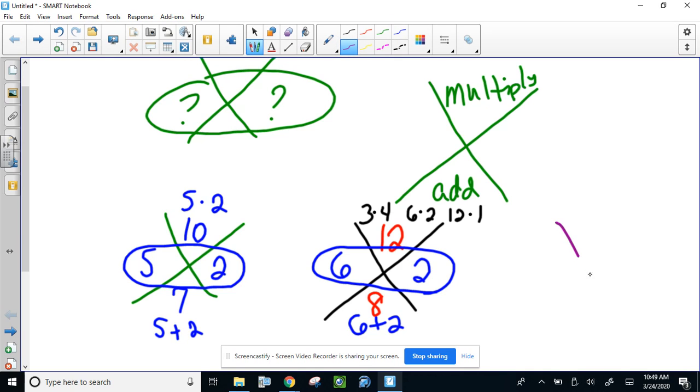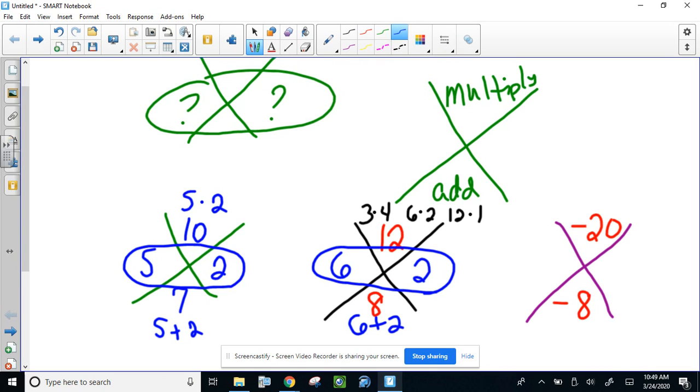Let's try one more. Let's make this a little more difficult. What if we said multiplies to make negative 20, and adds to make negative 8.